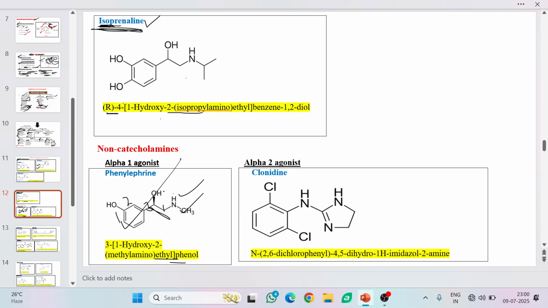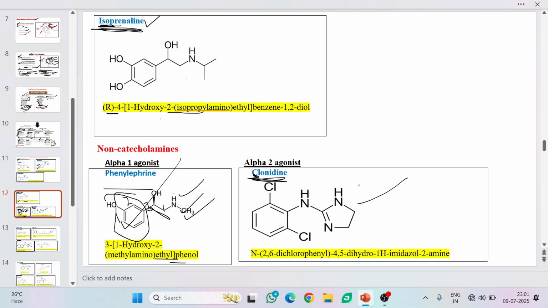So simply, the name is very simple, but you no need to remember the IUPAC name. You just simply learn phenylephrine. It contains a phenyl or phenol with this methyl group. Okay. Now alpha 2 agonist, clonidine. So clonidine, नाम से ही पता चल रहा है. Clo means chlorine.